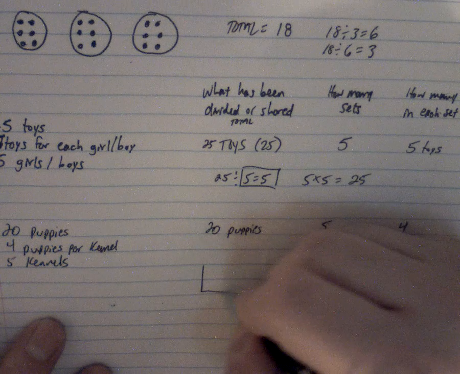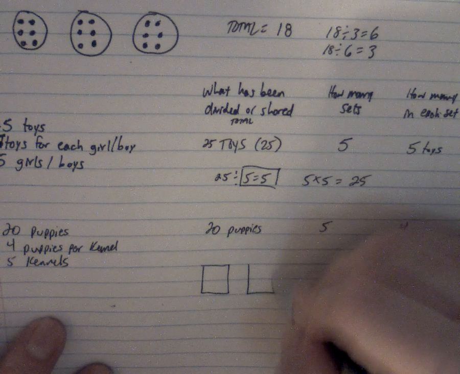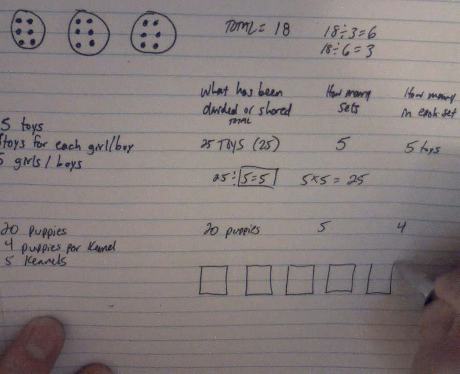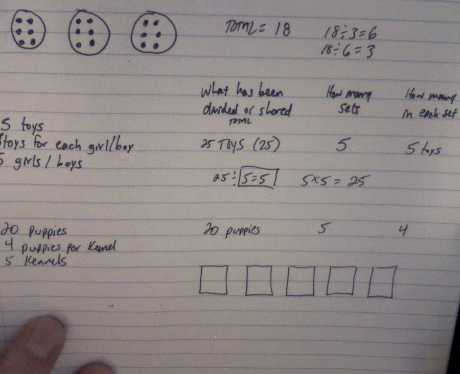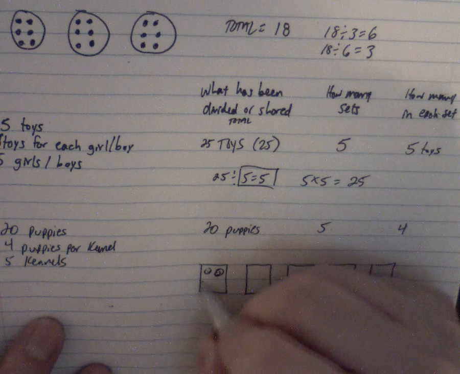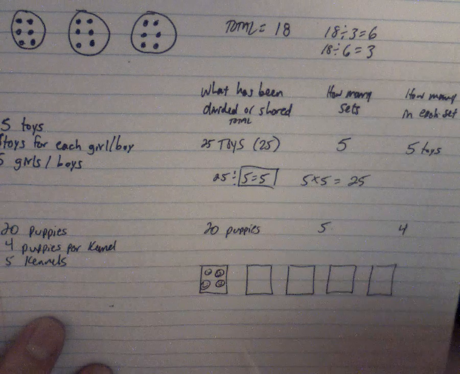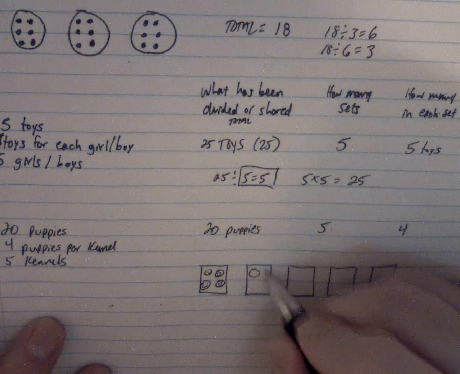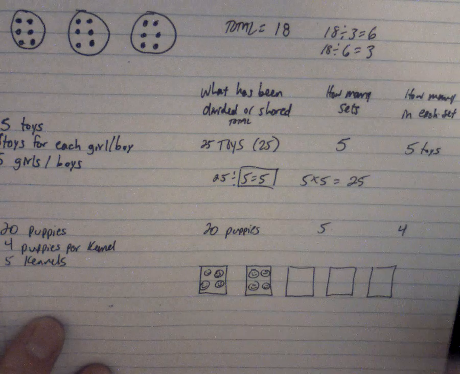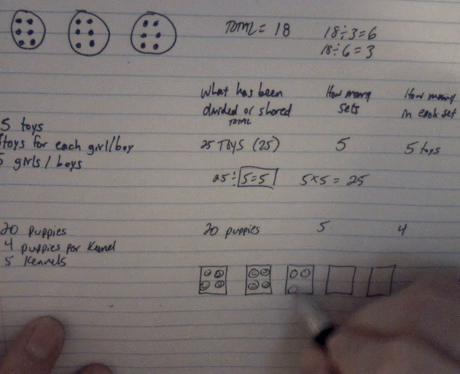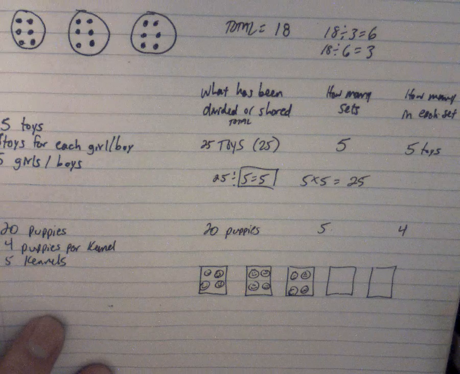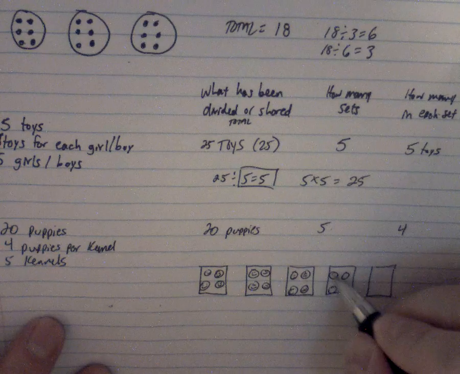So let's imagine a square as a kennel, and then how many are in each kennel. I'm just going to put little happy faces. These are my awesome happy puppies. I know you can't see them too well, but trust me, these are wicked awesome, amazing happy faces.